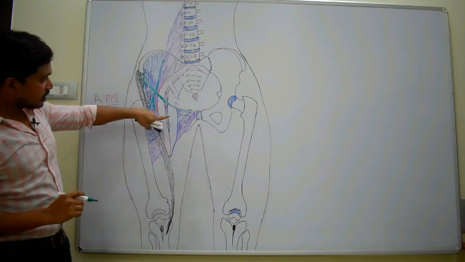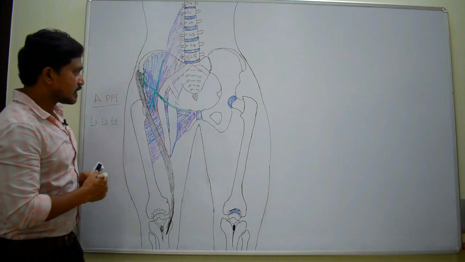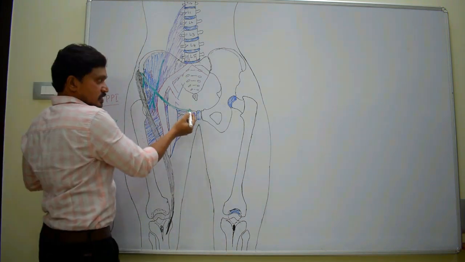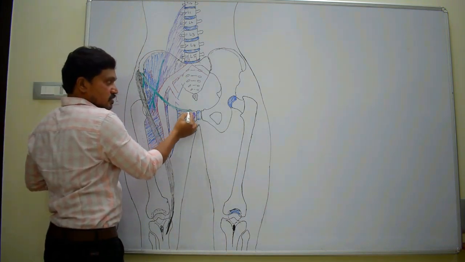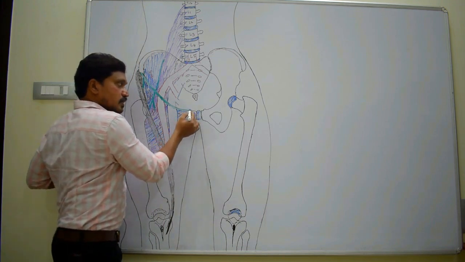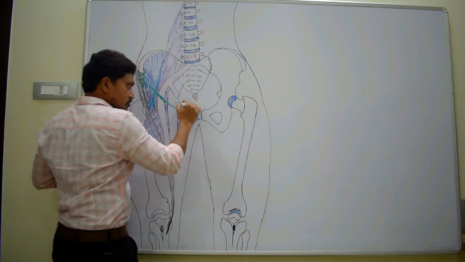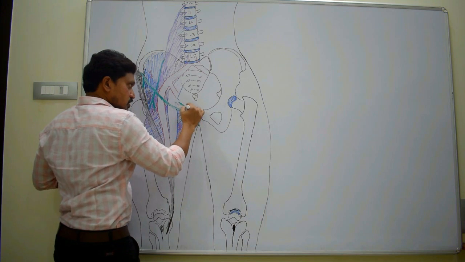So now we have drawn femoral artery, femoral nerve and femoral vein. Then any other contents are present here? This is the inguinal ligament. Now this inguinal ligament, after attaching to the pubic tubercle, it will be reflected back as pectineal ligament. This pectineal ligament will be attaching to the pecten pubis.